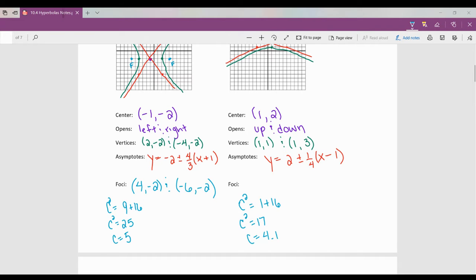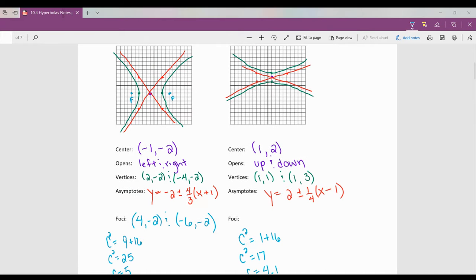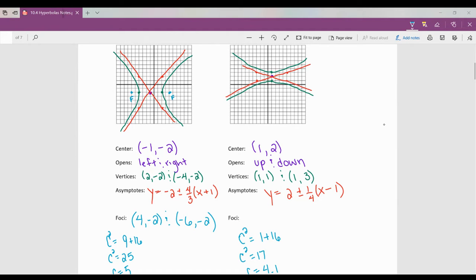So what does that mean? That means I'm going to count 4.1 from my center. I go up and down because it's opening up and down. So I go up 1, 2, 3, 4.1, and that's where my foci is going to be. Then I count down 1, 2, 3, 4.1. That's where my foci is going to be.